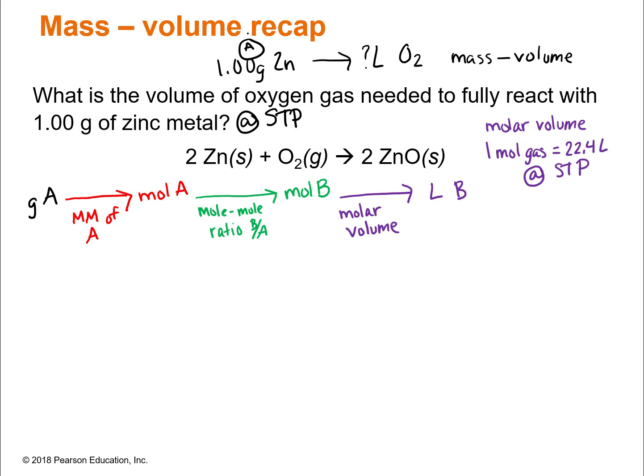The A in the generic form is always going to be the given information. We were given the mass of zinc, so that's our A. We need to find the volume of oxygen gas, and that is our B. So let's fill this in more specifically for what we're doing.